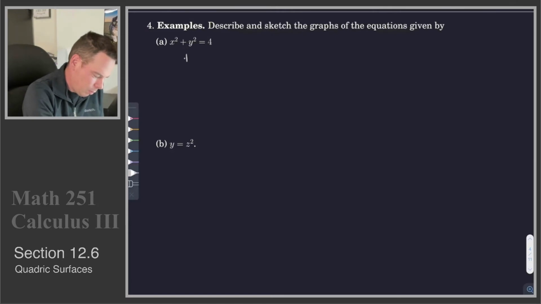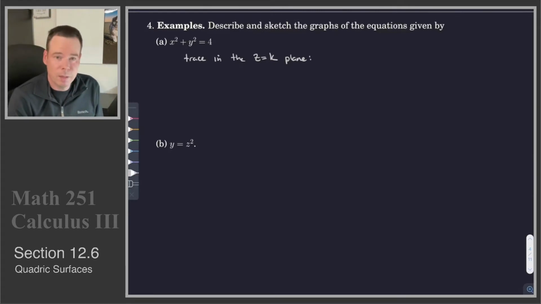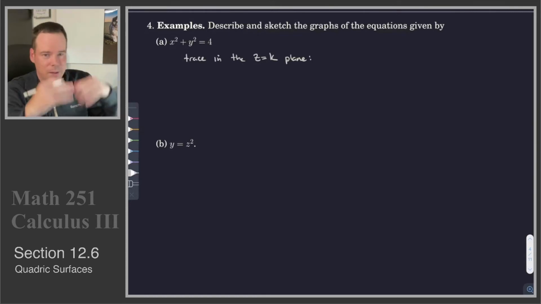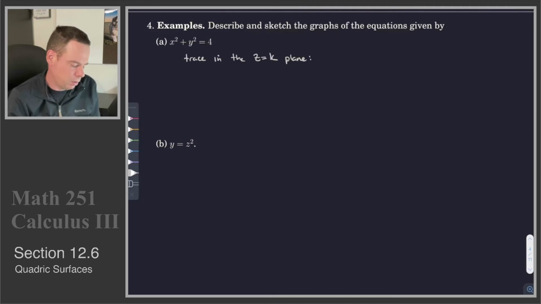Let's maybe think about what is the trace in the z equals k plane. So you can think about it as the trace in the xy plane. That's when z is equal to 0. Or planes that are parallel to the xy plane, and that would be for various values of z, just a horizontal plane at that particular height. So we'll look at that in general.